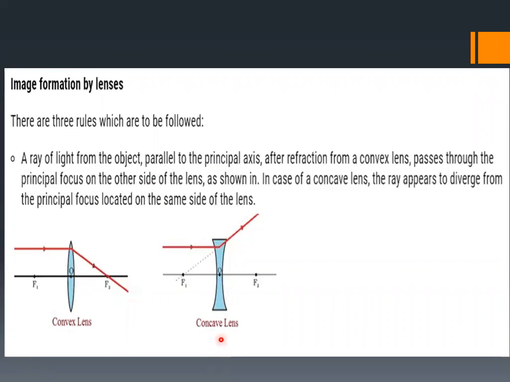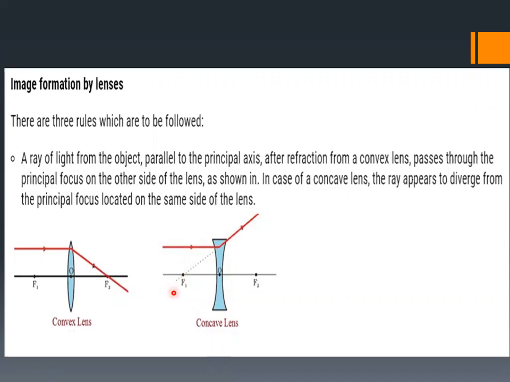When it comes to a concave lens, similarly, the object is kept at infinity. The light ray comes parallel to the principal axis. After refraction, it diverges. But if you extend the diverging ray on the back side, it passes through the focus.